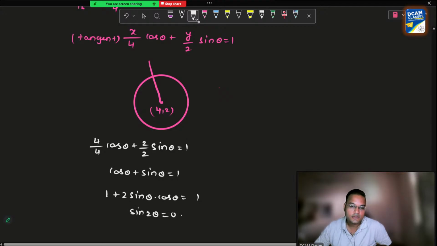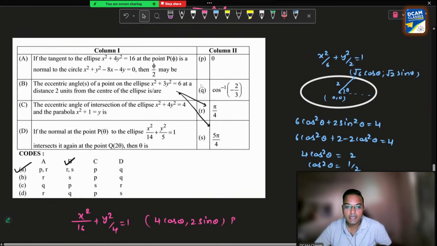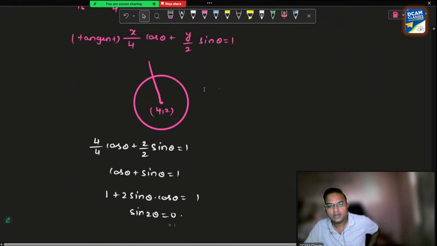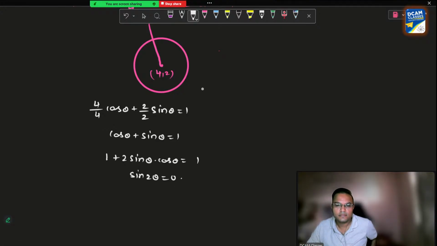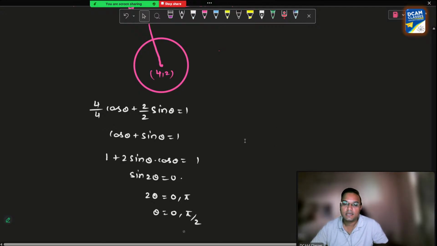Theta is equal to 0 we are getting, so one answer is P. And for R, 2 theta gives 0 and pi, so theta is 0 or pi by 2.